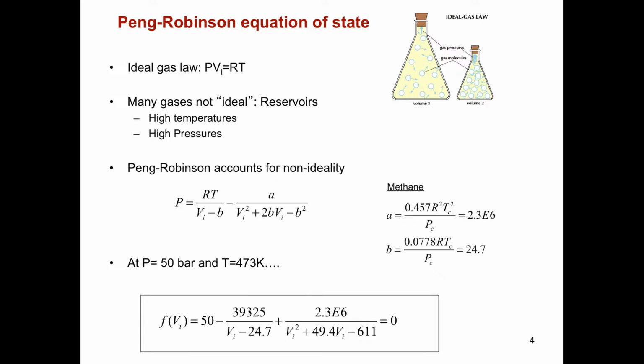So I'm looking for a volume such that for the given pressure and temperature, this is satisfied, so this is equal to 0. If it is, that volume satisfies this equation. Yeah? Now compare that to the previous one. If you had pressure and temperature given in the first one, what is my V?